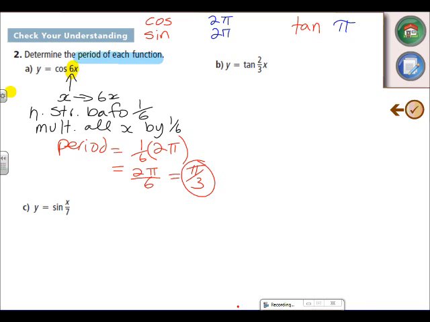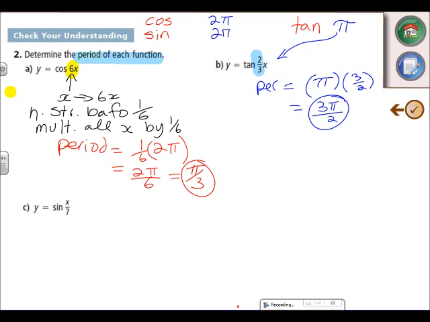That's the new period. How about for y equals tan of 2/3 x? Again, that's a horizontal stretch. So it means we're taking the original period, which is pi, and we're multiplying it by the reciprocal of our stretch factor. So let's multiply it by 3 over 2, or in other words, 3 pi over 2.